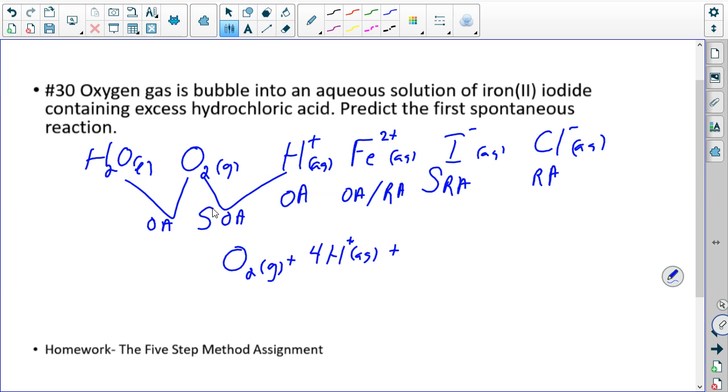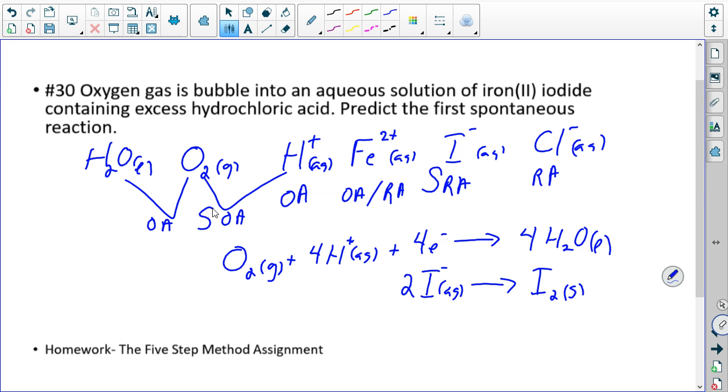How many electrons does this particular one have? Can't remember if it's 2 or 4. 4? Thank you. And it gives me 4 water. And then my iodide, I have 2 iodide ions reacting to give me an I2 solid and 2 electrons.